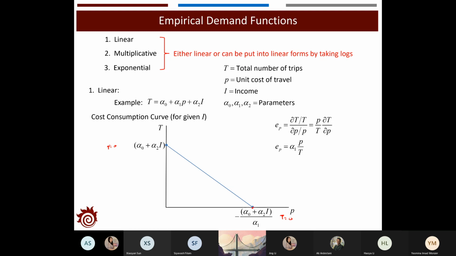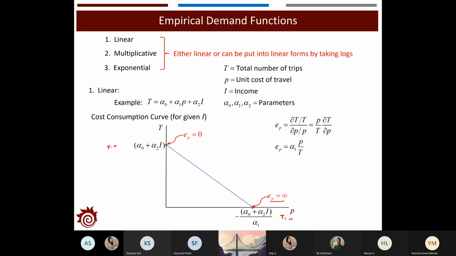So it's changing with respect to the values of p and t. If we have p equal to 0, which would be a starting point, definitely the elasticity will be 0. And if we have t equal to 0, which will be the end point, the elasticity will be infinite.